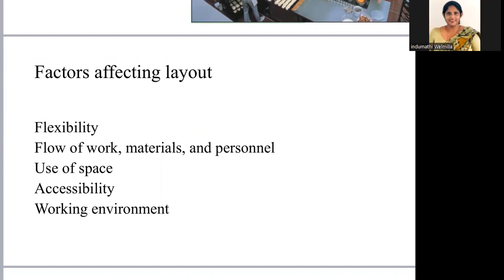A good layout should be flexible enough to respond to changing conditions. The changes may be brought about by changes in technology or changes in process.